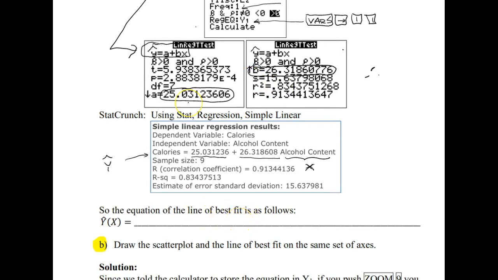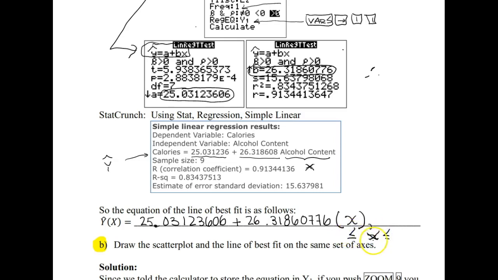And so if we take those coefficients, we're going to get 25.03123606 plus B, which is 26.3186076 times X. In this case, I wrote too big, I filled up the line here.